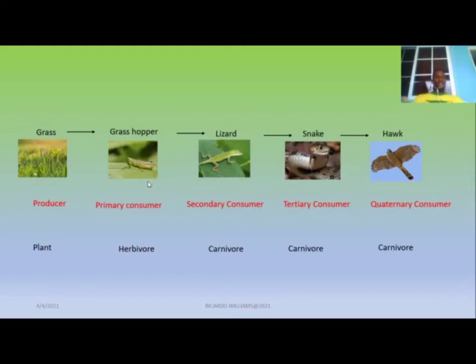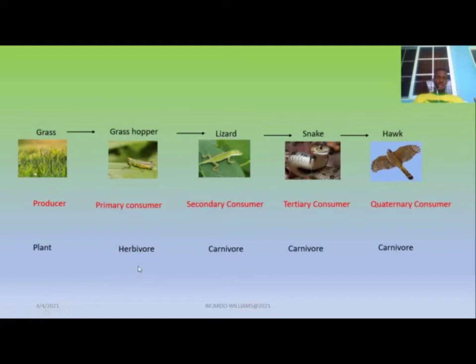If you state that the lizard may be eating plant byproducts, that would be okay. But I want you to understand that the feeding relationship between each organism must be logical and realistic. You can't write that snake eats grass or hawk eats grass, right? So make sure that you have logical organisms.